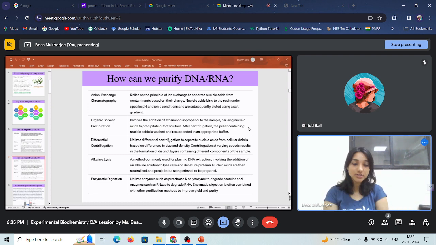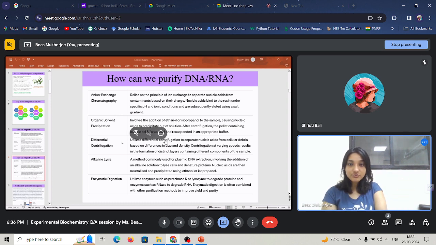Then there is differential centrifugation. So in differential centrifugation, you spin it at different RPM for different duration. Initially the cell debris and everything comes. As you keep on increasing the speed of the centrifuge and the duration of the centrifuge, the smaller molecular weight products come. Okay, the smaller size products.